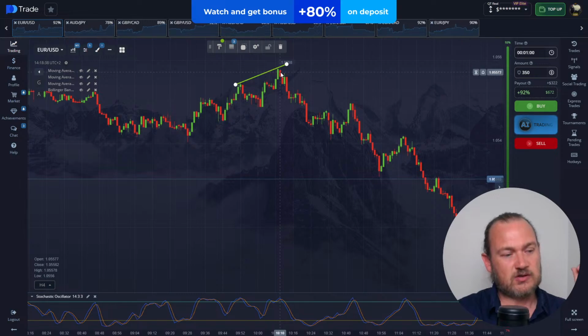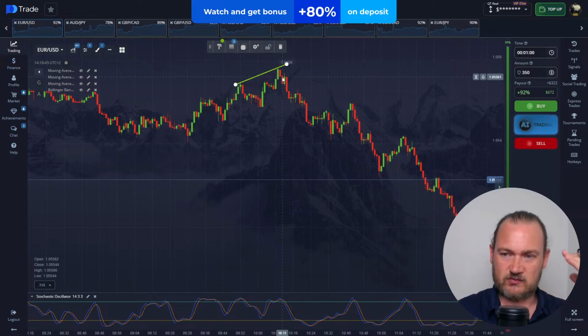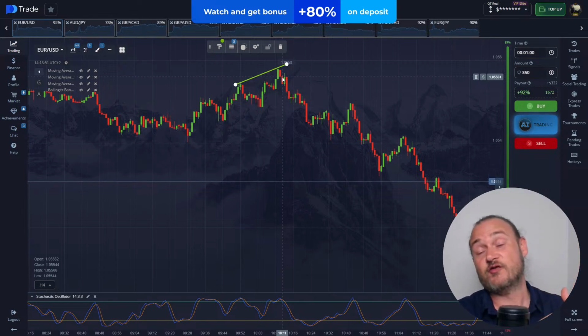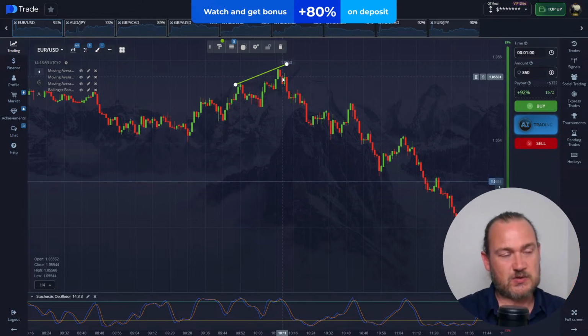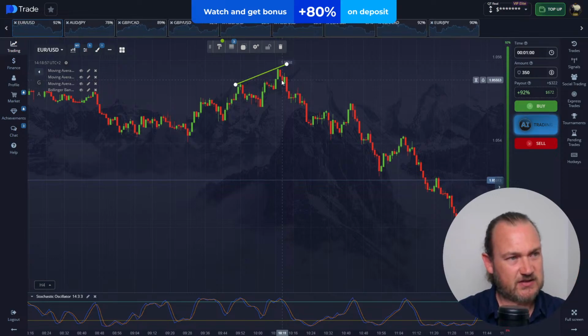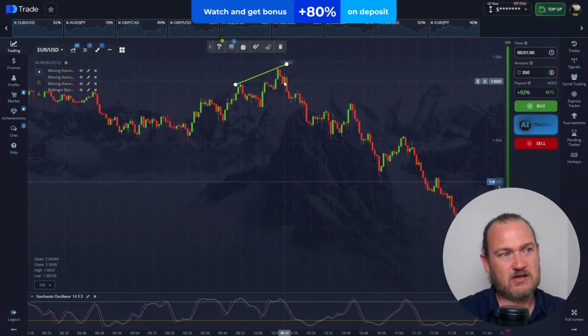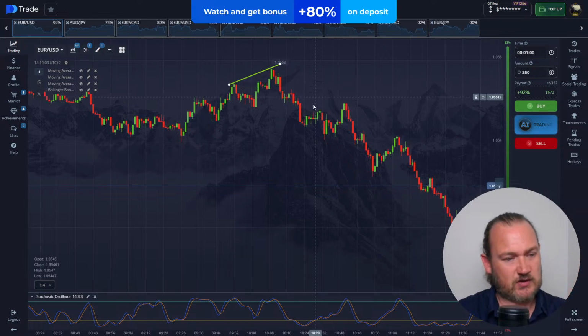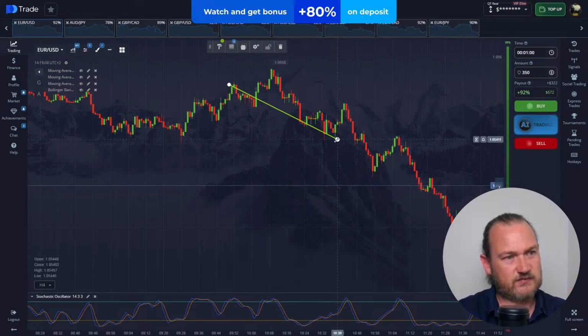Again, I would have taken it on this candle, because I wait for the last cross of the stochastic to confirm the divergence for me, and that's when I enter my trade. So we would have taken a 5 minute trade here. This would have been a sell trade, and it would have been a good trade as well. We can see examples of this quite often. There is a little bit of divergence there.